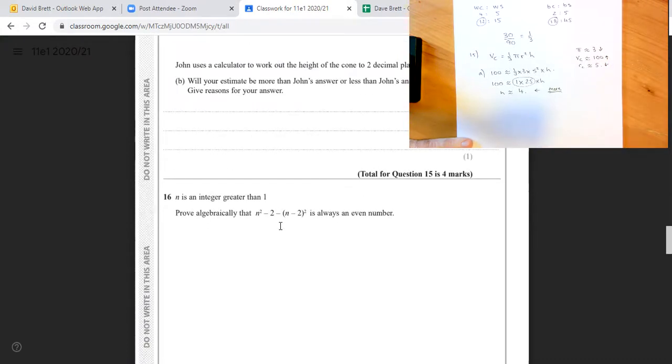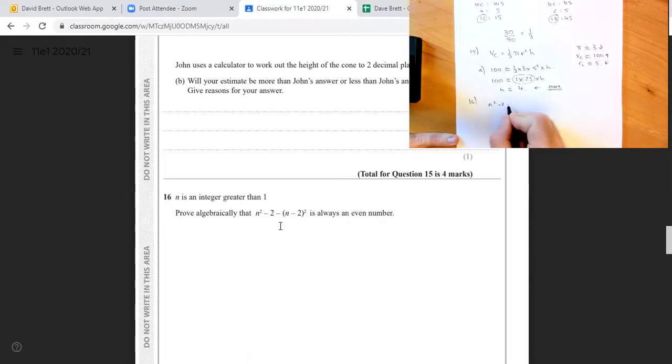Okay, so question 16. n is a positive integer greater than 1. Prove algebraically that n squared minus 2 minus (n minus 2) squared is always an even number. So let's do this expansion here. n minus 2 multiplied by n minus 2 gives you n squared minus 2n minus 2n plus 4. That's n squared minus 4n plus 4. So n squared minus 2 minus, in brackets, n squared minus 4n plus 4.